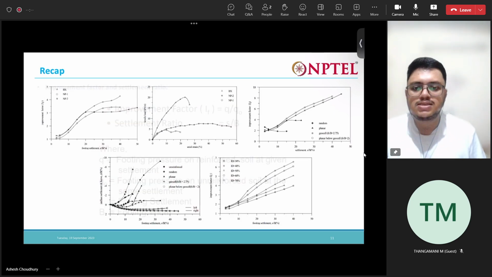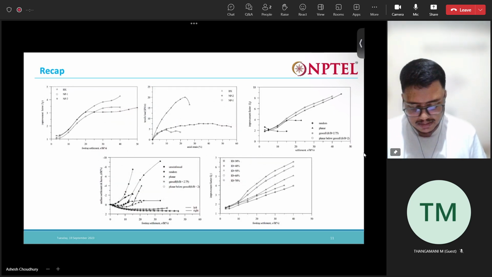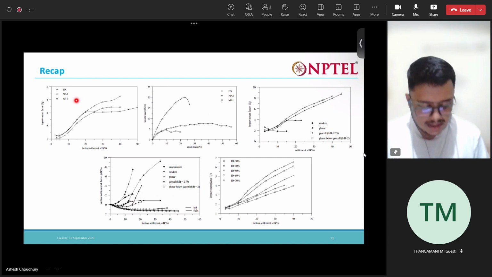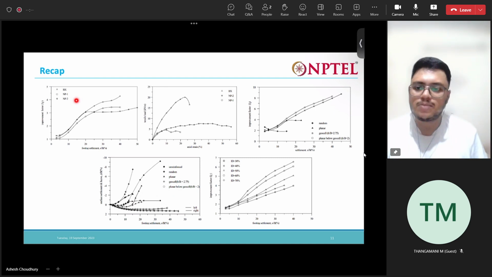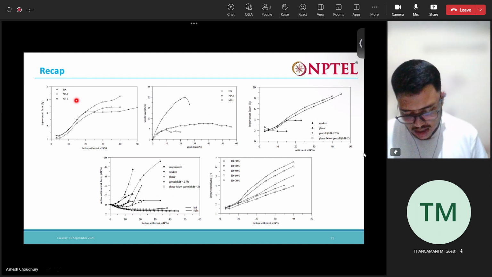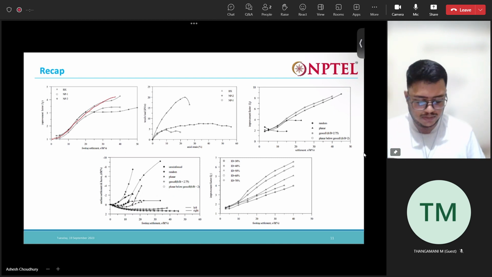Here we can see that there are many graphs where the results are presented in terms of the improvement factor and the footing settlement. With the use of reinforcement, the improvement factor is increasing by a large amount.